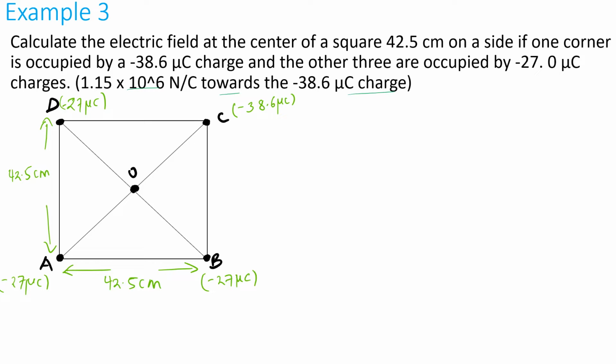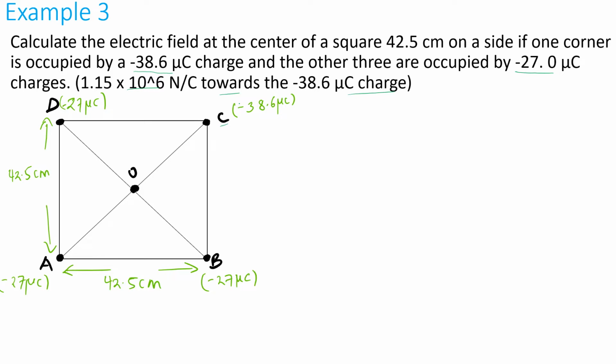The diagram here shows the illustration from the question, and I'm assuming that the vertices of a square are denoted with letters A, B, C, and D. According to the question, only one corner has the negative 38.6 microcoulomb charge, and that's C. The rest of the corners carry a negative 27.0 microcoulomb charge.